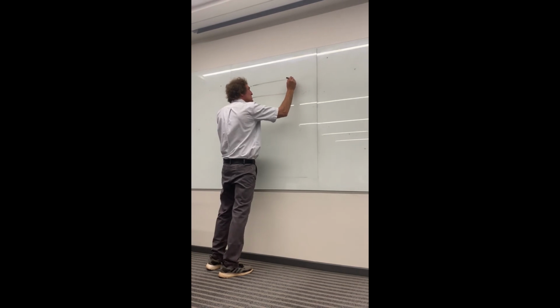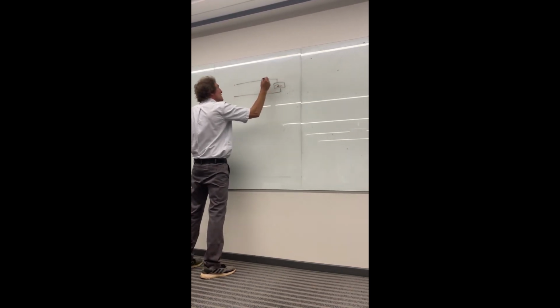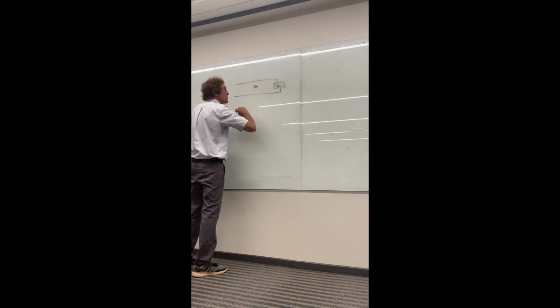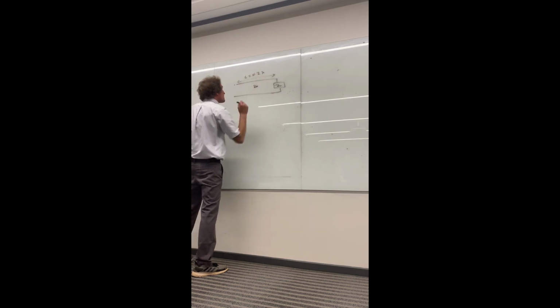So now here's the problem. I generally encourage people to draw this out until it's second nature. Here's ZL. Here's Z naught. All right. I'm going to give a length of line L equals 0.2 lambda.